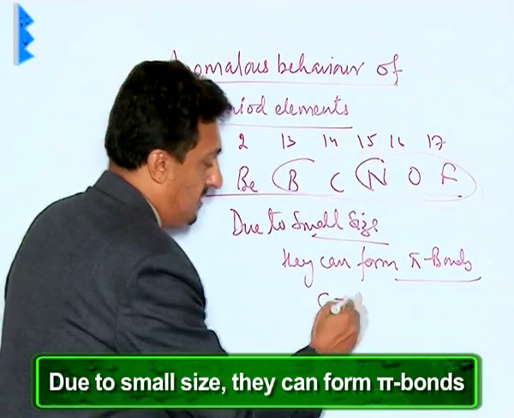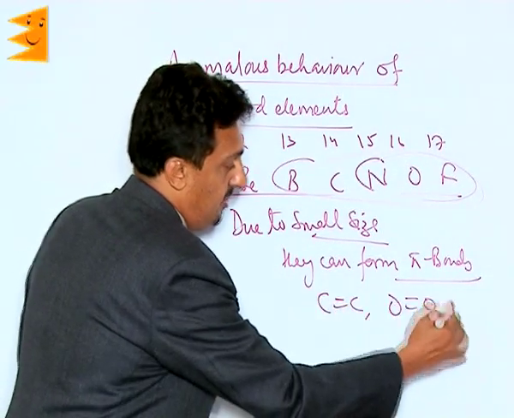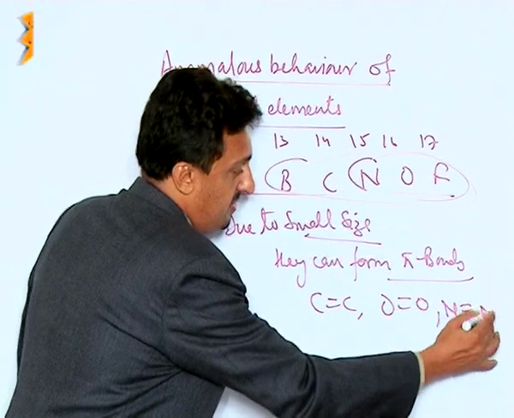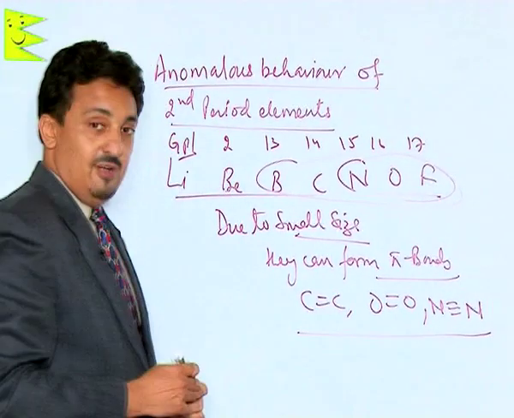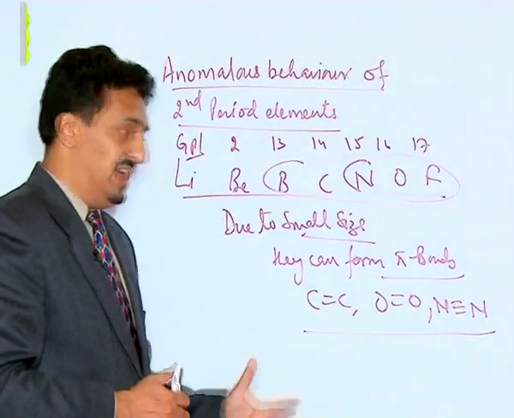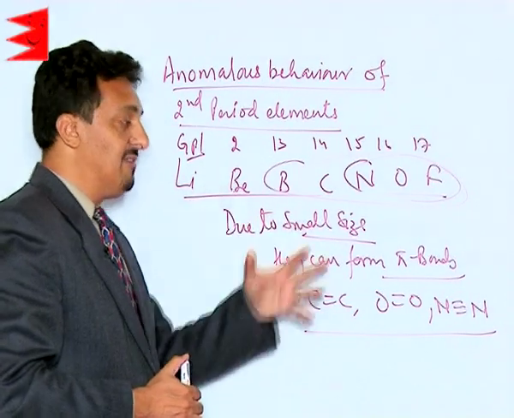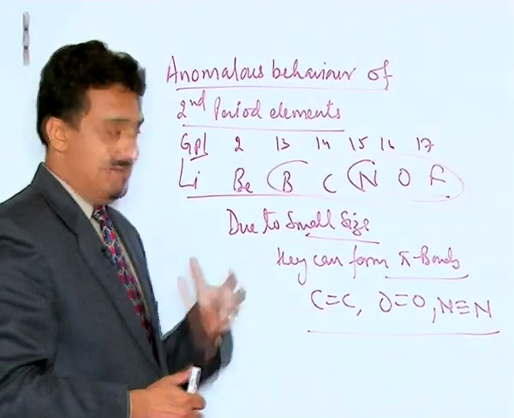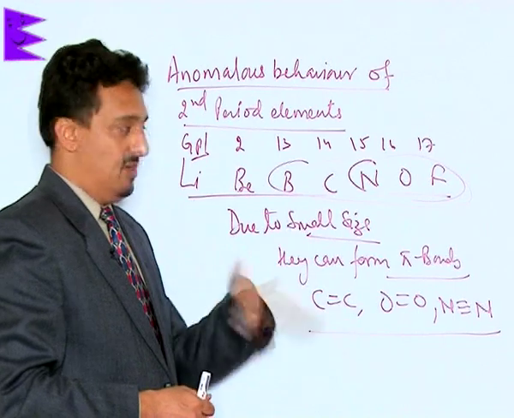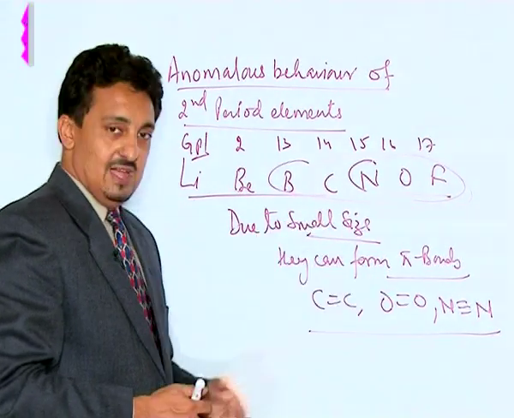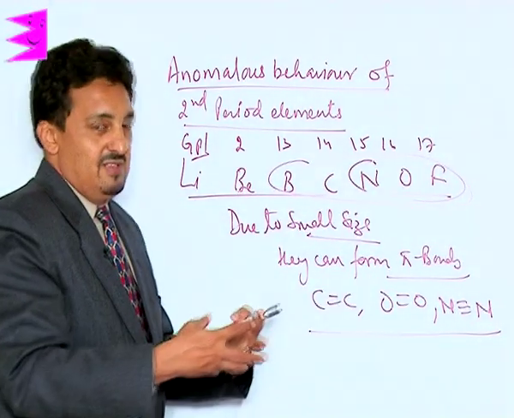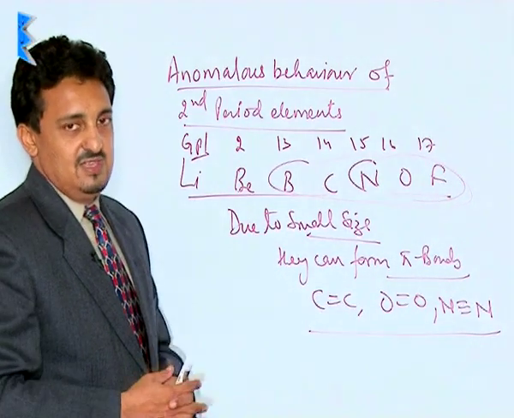Like we know the carbon-carbon bond, oxygen-oxygen bond, nitrogen-nitrogen bond. So they have a tendency to form pi bonds. That's why they are the only ones which can form pi bonds with their same type of atoms or with other smaller atoms. And that is why their behaviors are found to be very different from the rest of the elements.